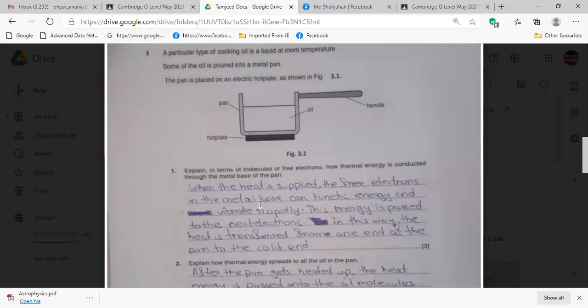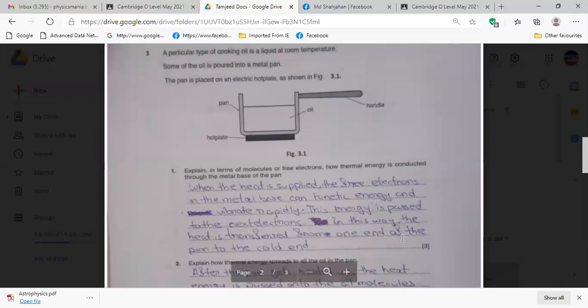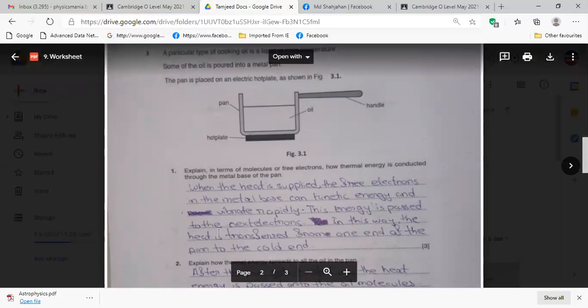Yes, have kinetic energy. Yeah, so you correct it. Have could also be written, kinetic energy, and vibrate rapidly. Yes, this energy is passed to the next electrons. Yes, in this way the heat is transferred from one end to the other. Okay, your answer is correct. All the points came.